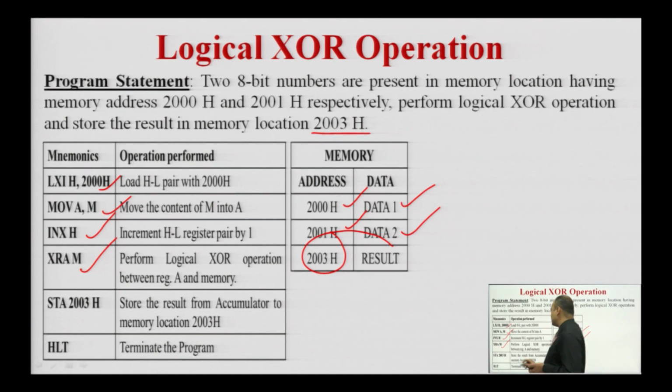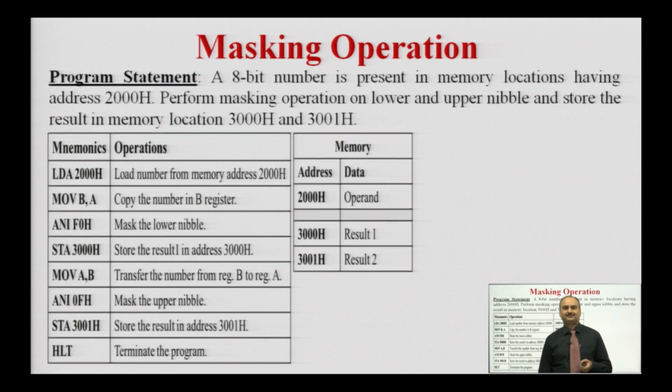So, we use the instruction STA 2003H. This instruction will store the content of the accumulator into the memory location having address 2003H, which is specified with the instruction, and we terminate the program with the help of the HLT instruction. So, this is the program which is used to perform the logical XOR operation between two 8-bit numbers.